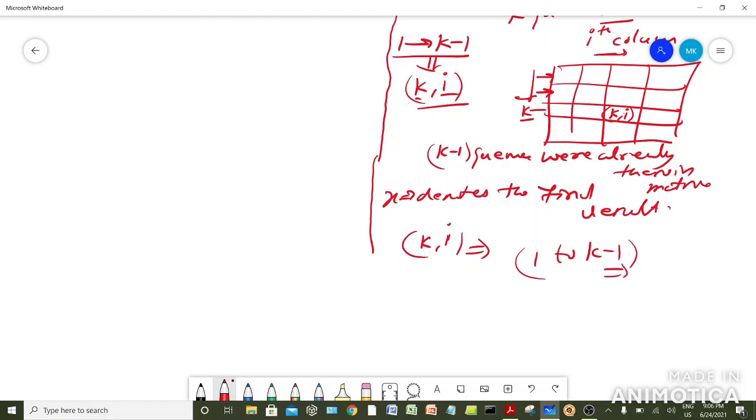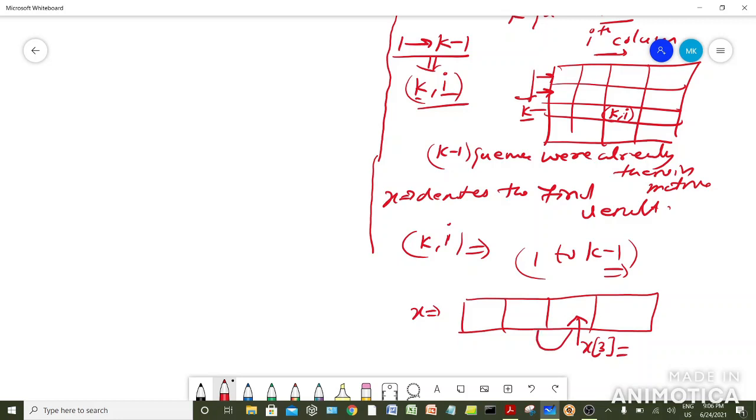It means if array x was there, 1, 2, 3 and 4, and if we are trying to find the value of x of 3, then we are sure that the values of x1 and x2 were already filled.